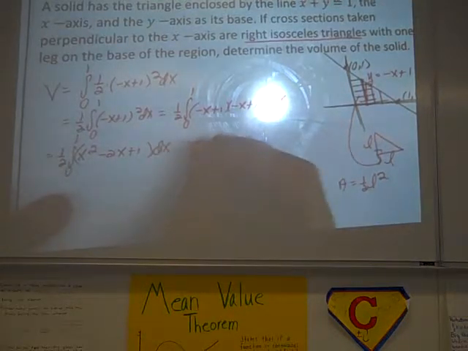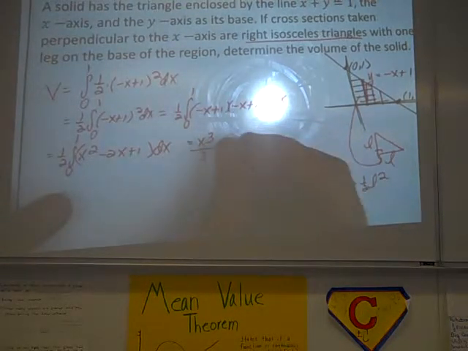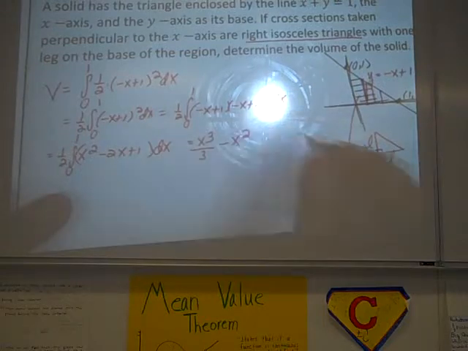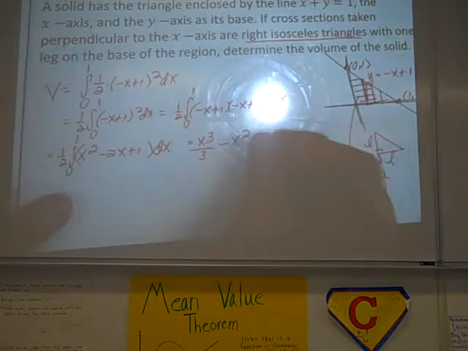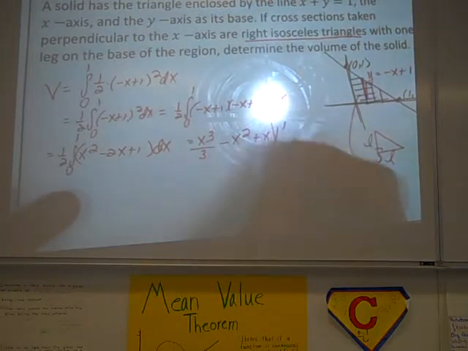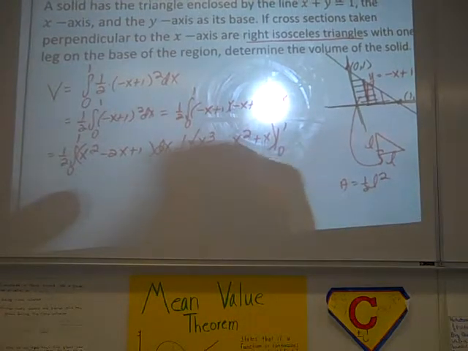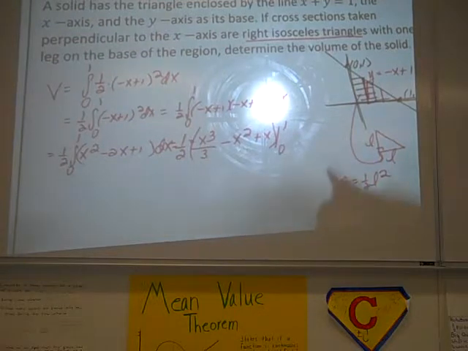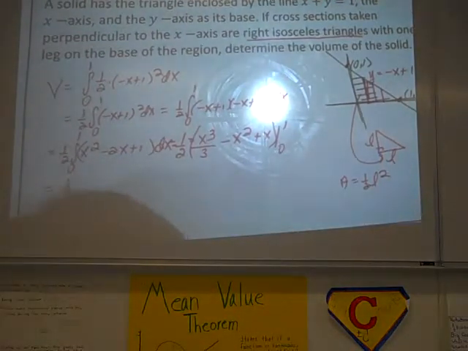The integral of x squared is x cubed over 3. The integral of negative 2x is negative x squared, plus x. Evaluate it from 0 to 1. Oops, I forgot my 1/2, so let's put a big 1/2 in front there. Evaluate that function at 1.